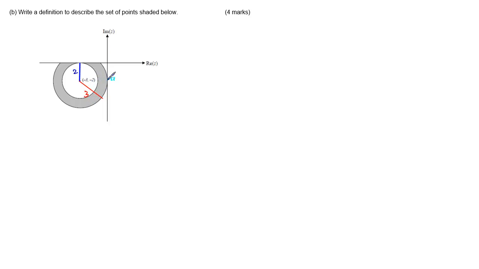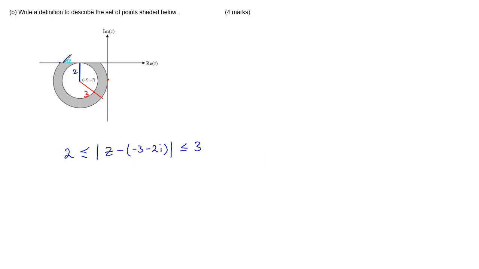We can see that by looking directly across to here. So let's think about this circle. Mod of z take away negative 3 minus 2i, we know that has to be between 2 and 3.